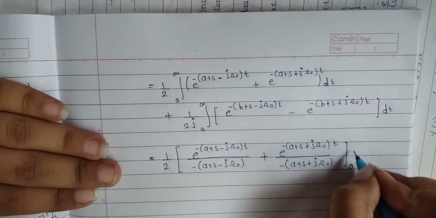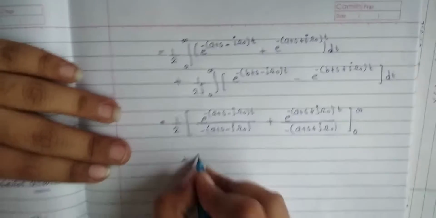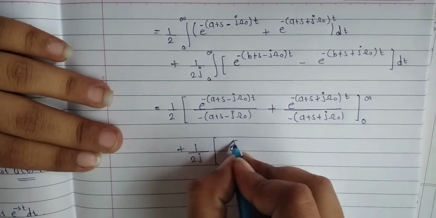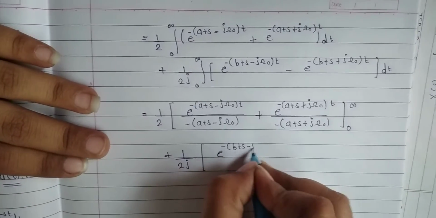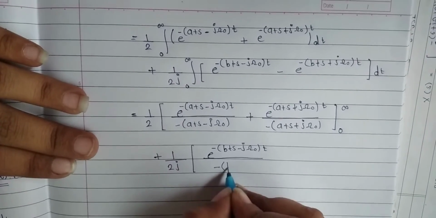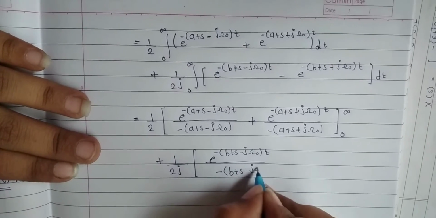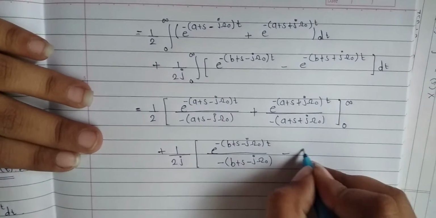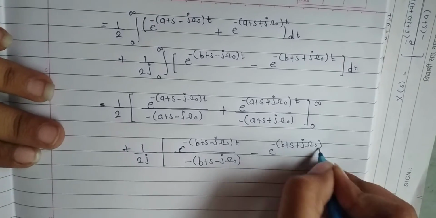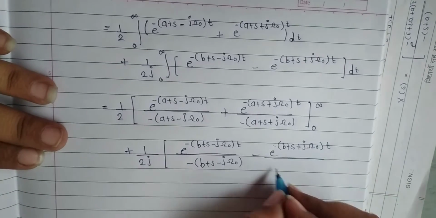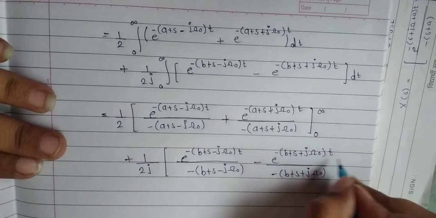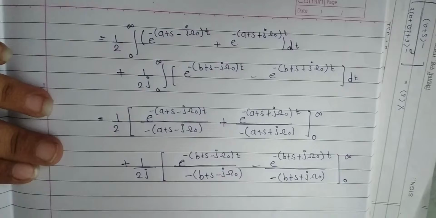It becomes from 0 to infinity, plus 1 upon 2j e raised to minus (b plus s minus j omega naught) t divided by minus (b plus s minus j omega naught) minus e raised to minus (b plus s plus j omega naught) t divided by minus of (b plus s plus j omega naught) from 0 to infinity.